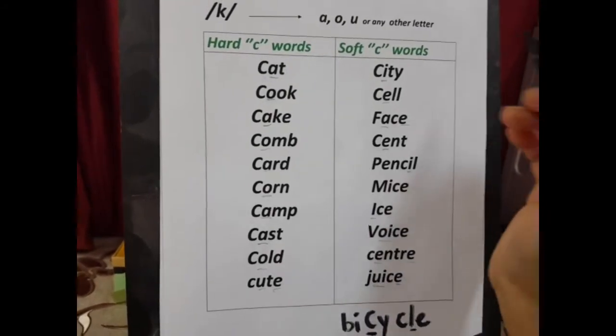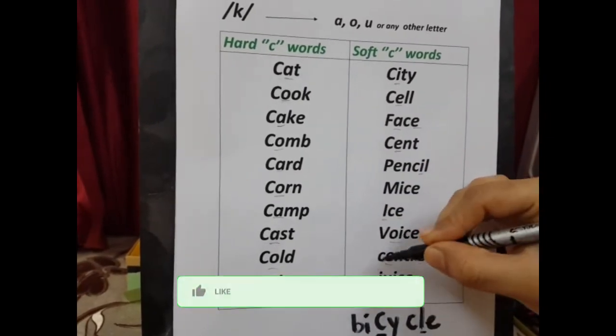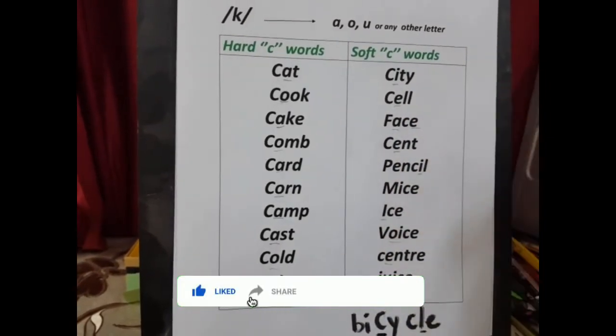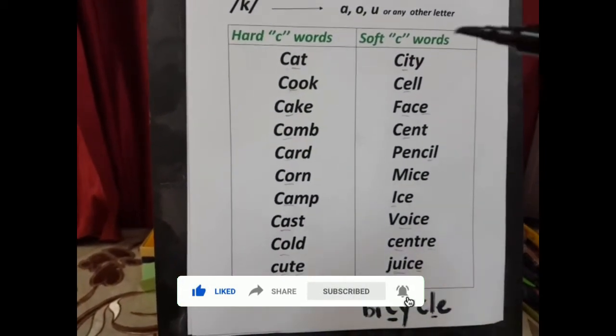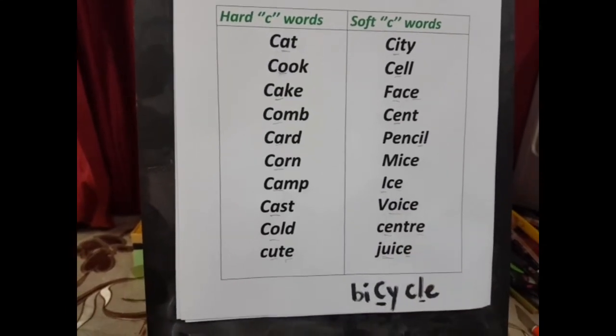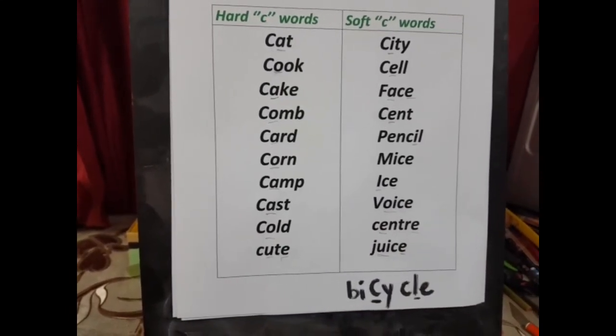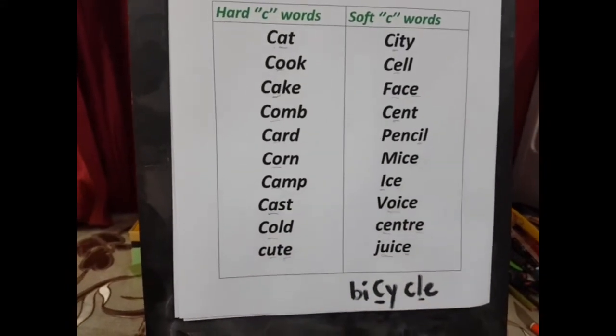That's why we say city, center, where the S sound comes in some words. I hope you got it. I prepared these words only with four letters, as I taught them before, so I don't want to extend the length of the words.